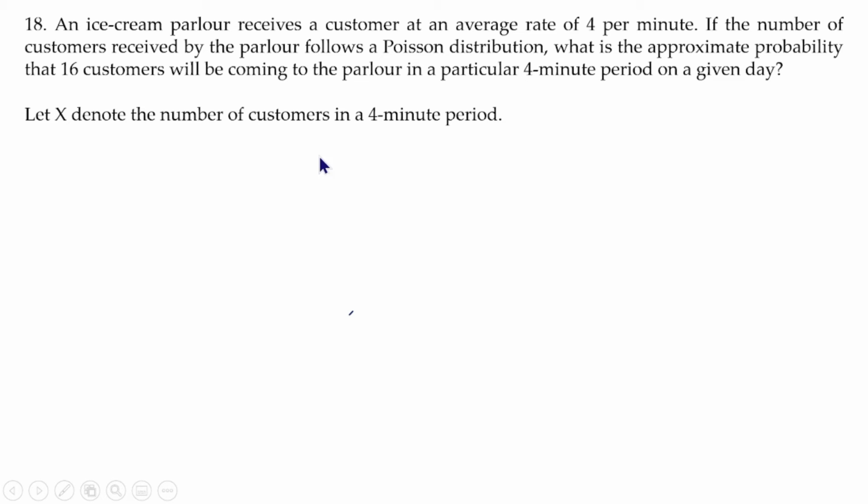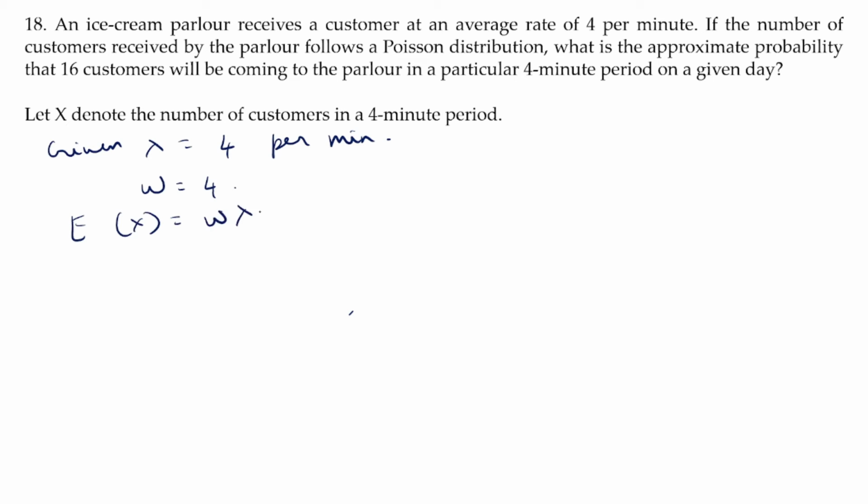Given lambda is equal to 4 customers per minute, the width W is 4, since we need to find for a 4-minute period. So expectation of X is equal to W into lambda, so it is 4 into 4, 16.